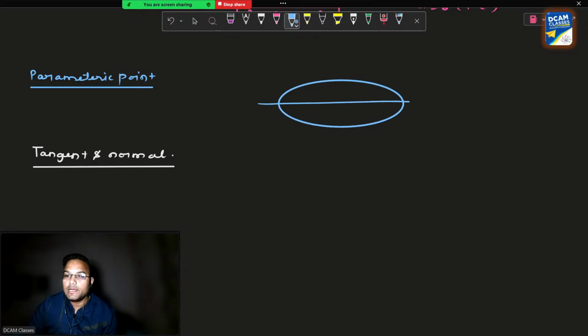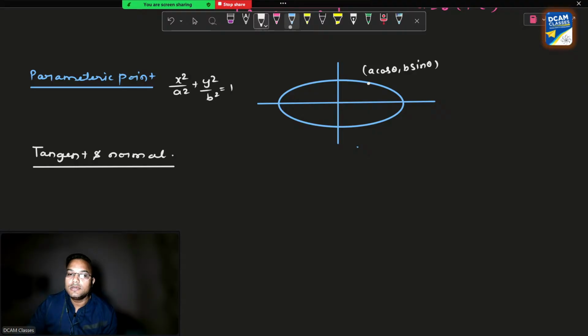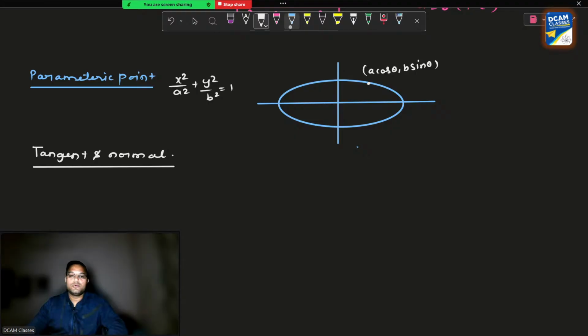But you will ask me a question. The point you can take is a cos theta comma b sin theta. That's one way, because the equation is x square by a square plus y square by b square is equal to 1. So we should have any point which will satisfy this ellipse in any condition. So we can take it like this.